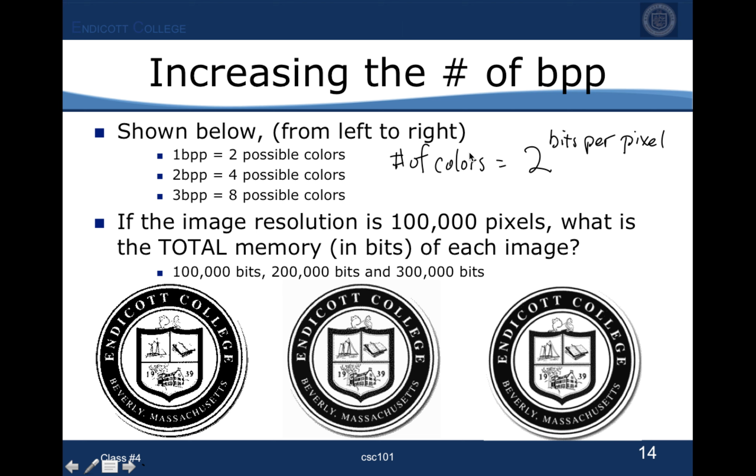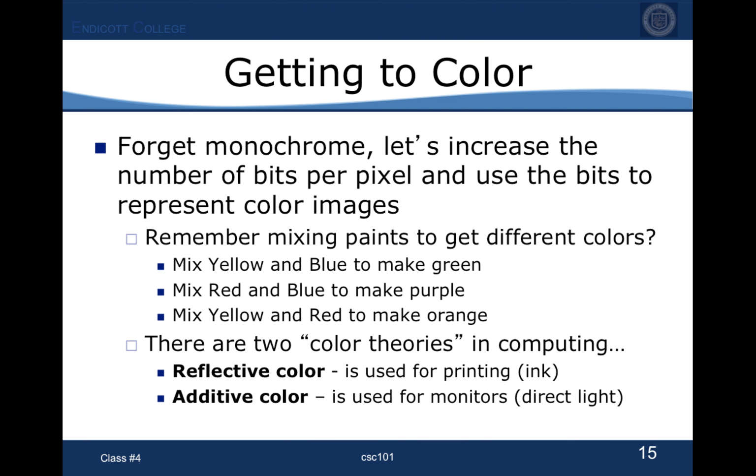So to get twice as many colors, this again is 2 colors, 4 colors, 8 colors, double, double, you don't need twice as much memory. These are doubled just by coincidence. But to go from the middle picture to the right picture, it's not twice as much memory, but you do get twice as many colors. So this is some of the beauty of binary, that it doesn't grow at quite the rate that you might fear.